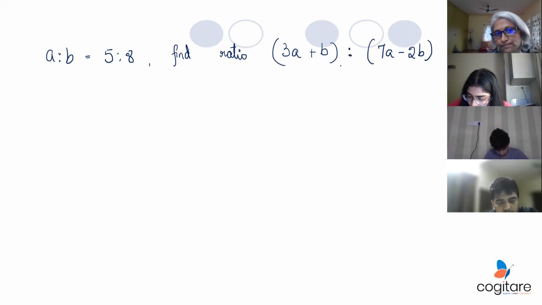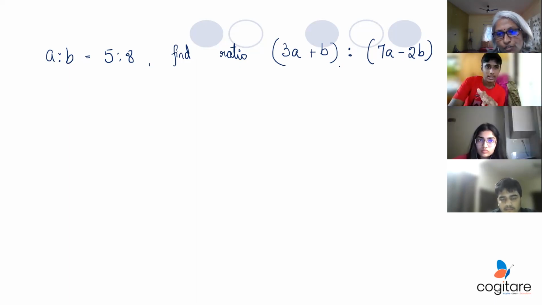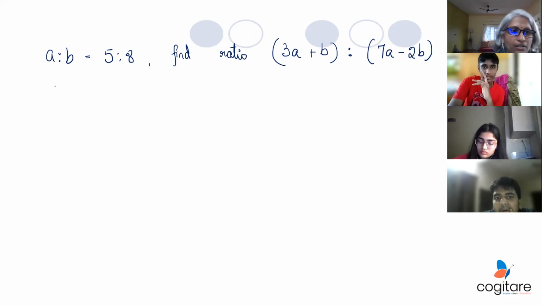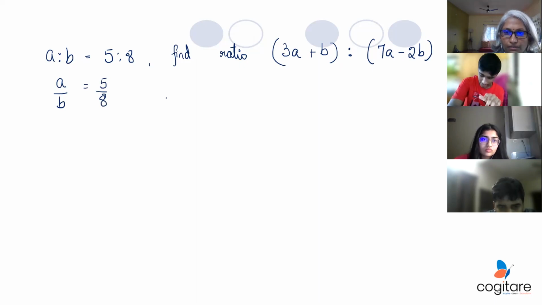How would we do this? We should substitute, right? What will you substitute? Ma'am, a by b is equal to 5 by 8, so a will be 5 by 8 into b. Then we'll substitute the value of a in 3a plus b is to 7a minus 2b. Okay, so one thing, guys, he says is, look, substitute one variable with respect to the other variable.